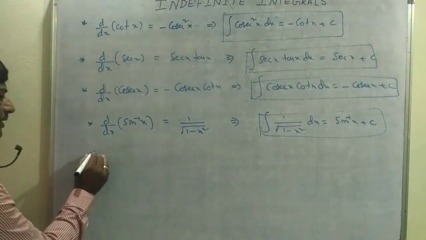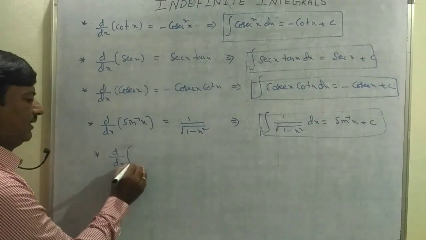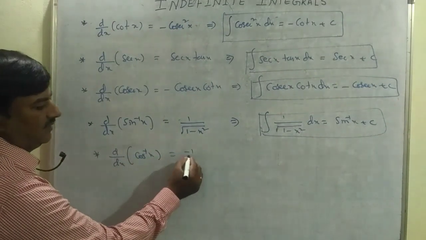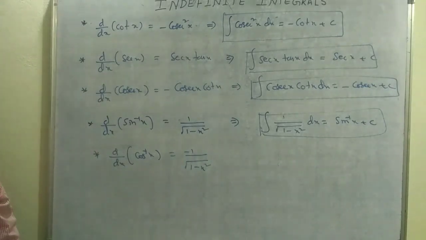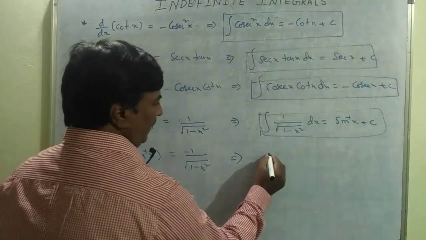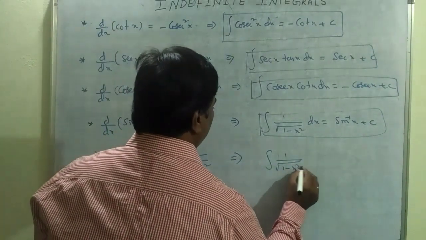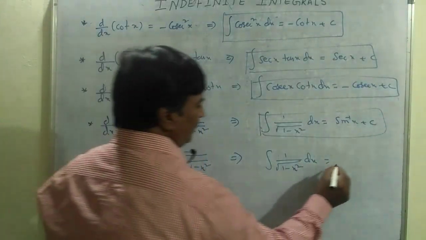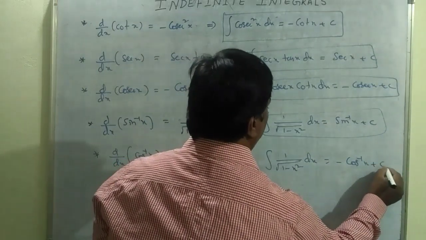Then the next formula: d by dx of cos inverse of x is minus 1 by root of 1 minus x square, which implies the integral of 1 divided by root of 1 minus x square dx is minus cos inverse of x plus c.